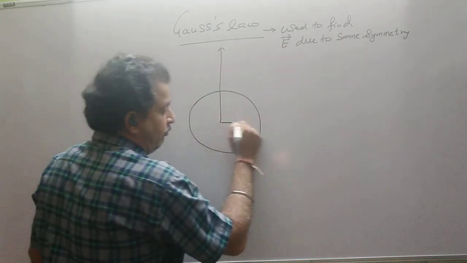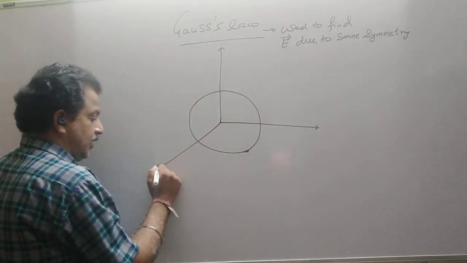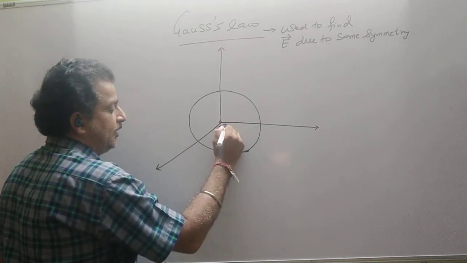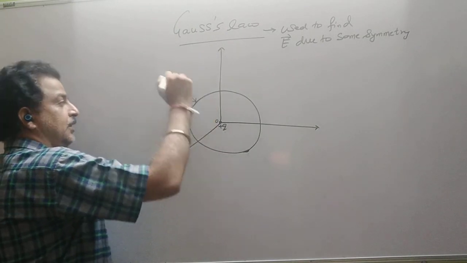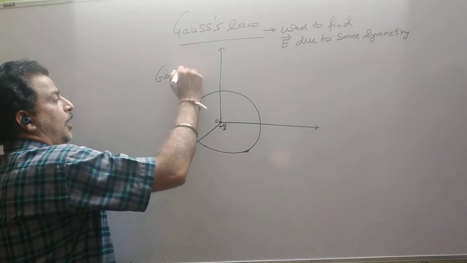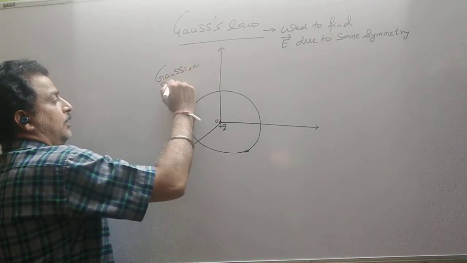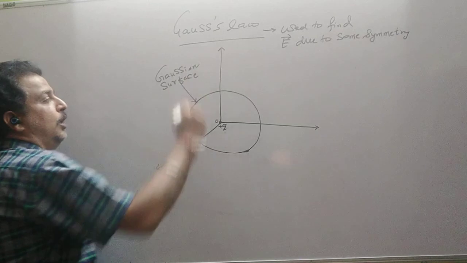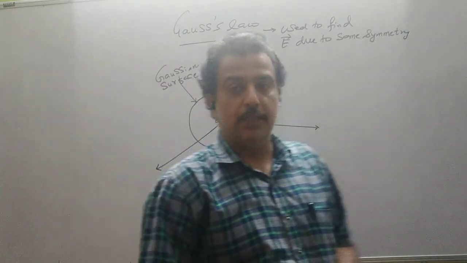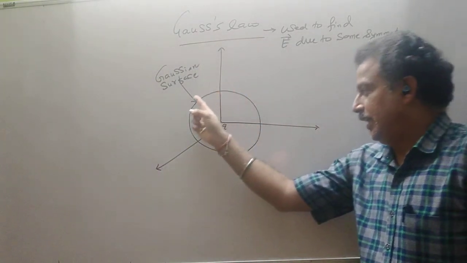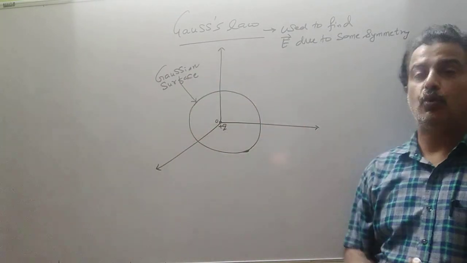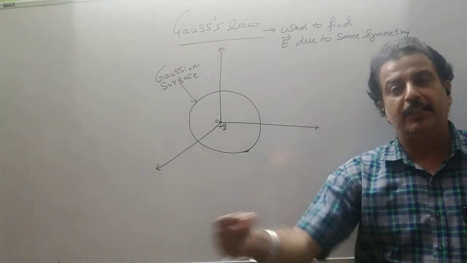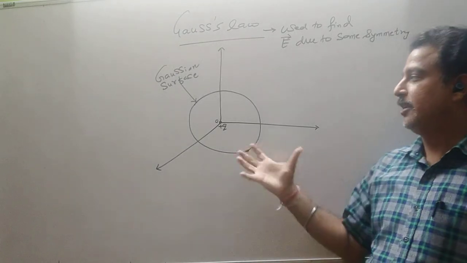Now this is an imaginary surface, so we have assumed a spherical Gaussian surface in such a way that the charge which we have considered is at the center, at the origin of the Cartesian coordinate system. The origin is at the center of the sphere. So this is a Gaussian surface. In order to prove Gauss law, we have considered this imaginary surface. This imaginary surface is known as the Gaussian surface, and even in the application of the Gauss law we will consider such a surface.